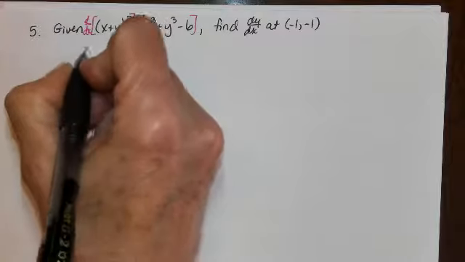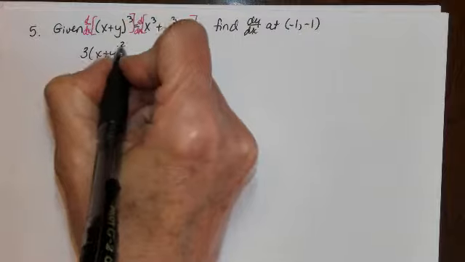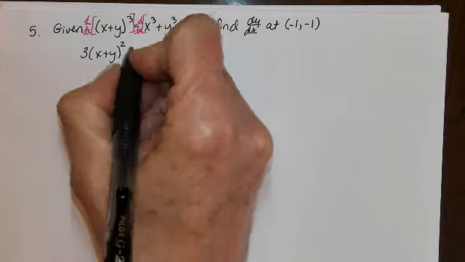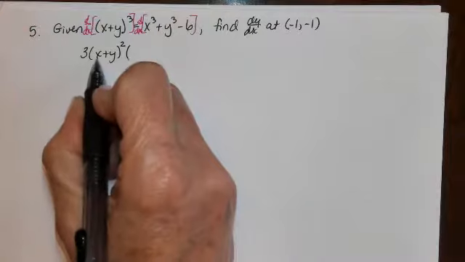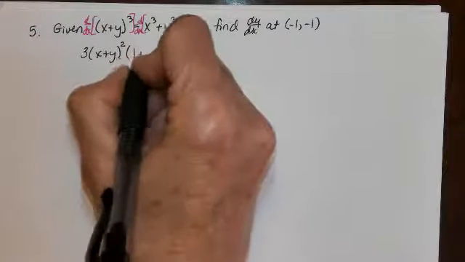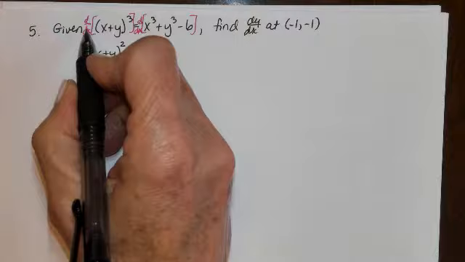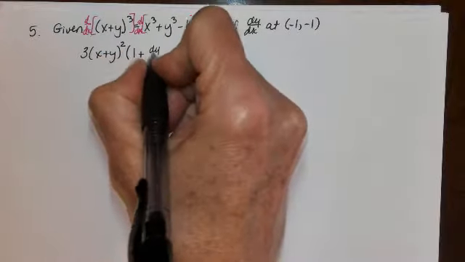So 3, keep your inside, reduce the power by 1, and then multiply by the derivative of the inside. Well, the derivative of the inside, we have the derivative of x, which is 1, plus the derivative of y with respect to x, which is 1 dy/dx.